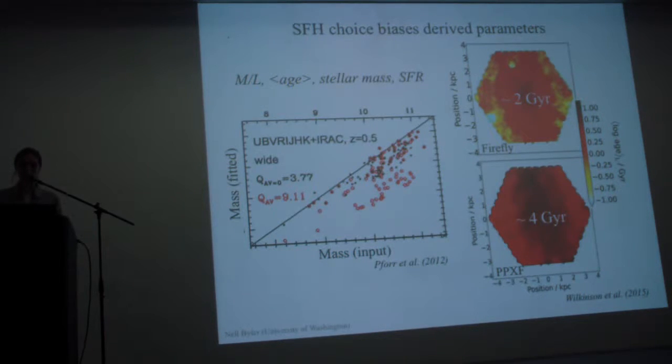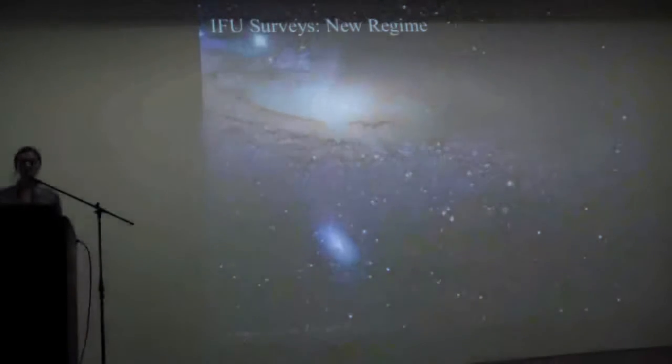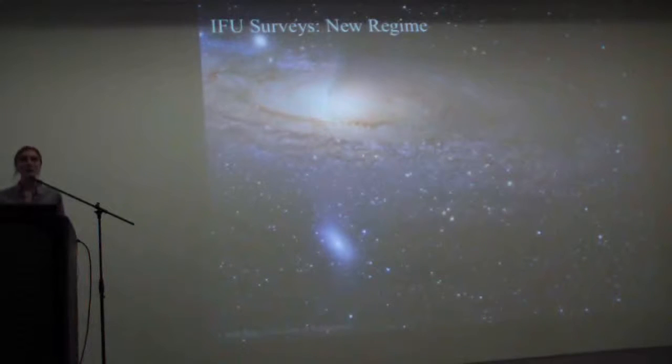So this is, in addition to the age differences that you see, mass differences, this mass to light ratio, and the star formation that you derive is also very dependent on your choice of star formation history. Okay, and I don't think I need to impress upon many in this room that we are really in a new regime when we talk about these IFU surveys.